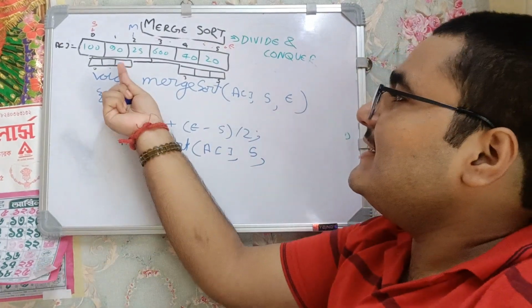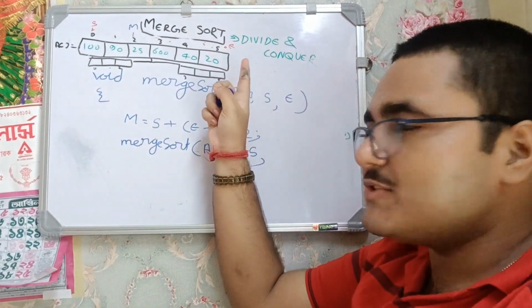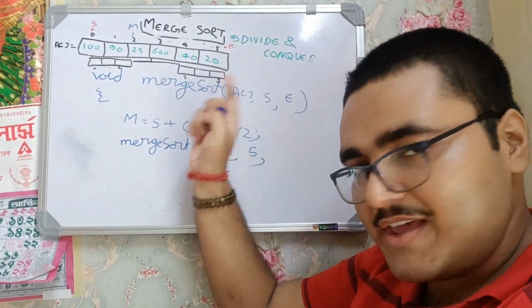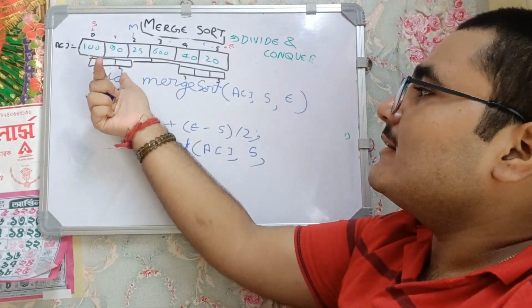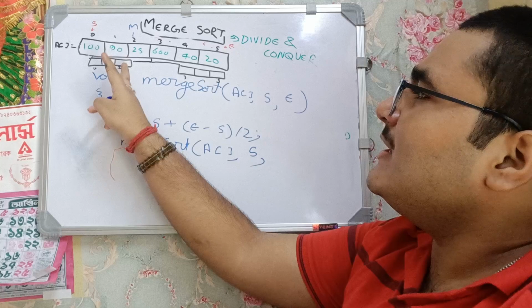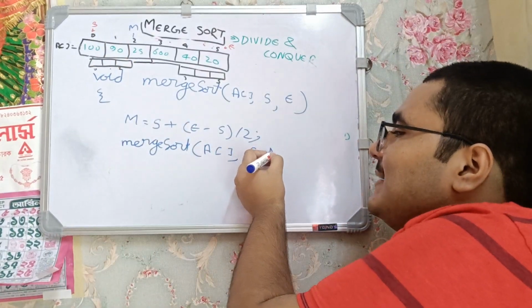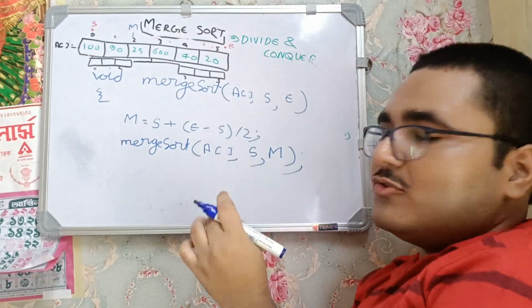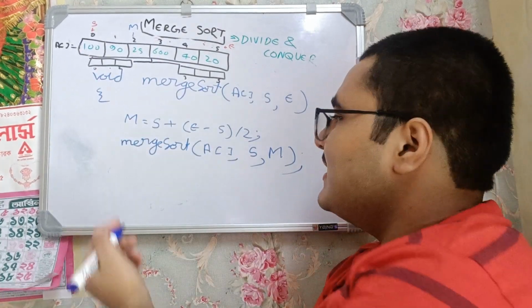But my end is now, end was previously 5, that was n minus 1. If n was 6, then end was 5. Now in this case my end should be mid only, because mid is pointing at index 2, so just directly mid. From start to mid this one portion is created, right?